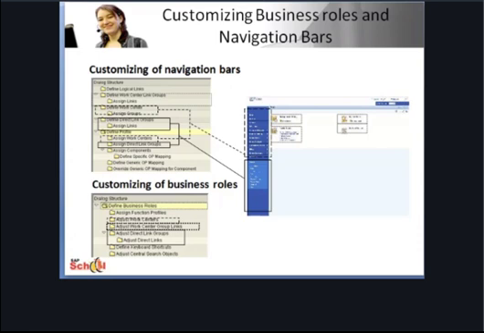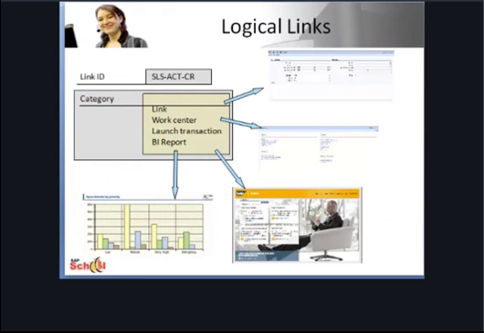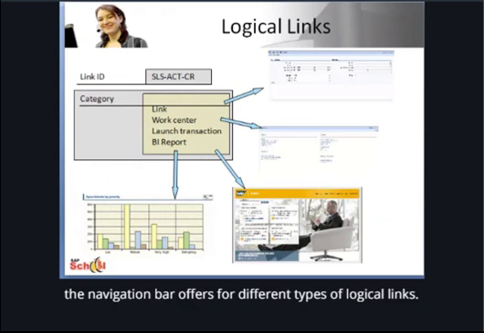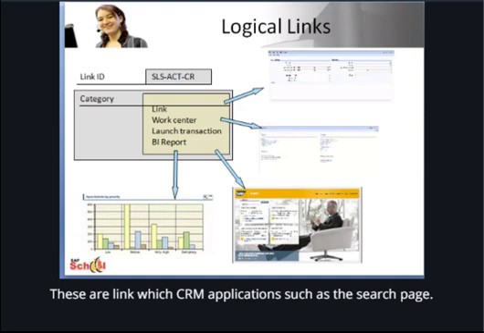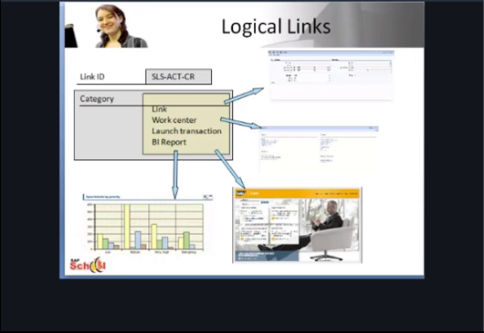For example, the navigation bar offers 4 different types of logical links. These are link, which opens a CRM application such as the search or a create page.